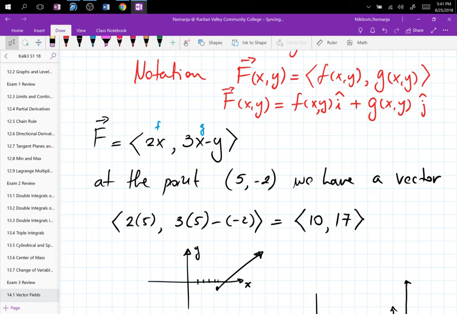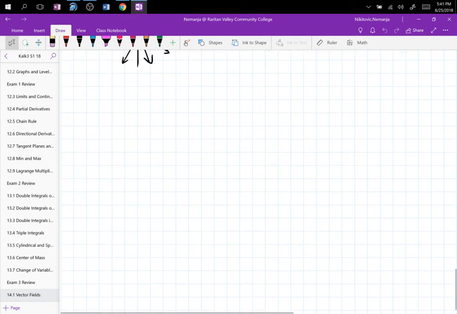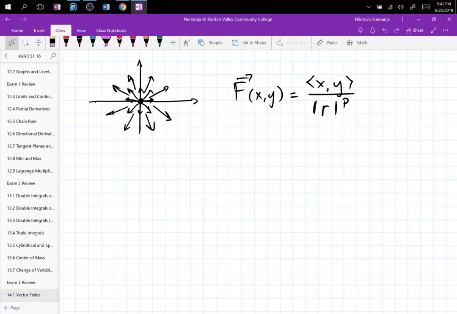So now we've seen the shear field, the rotational field, the radial field and the flow field. So a lot of different fields out there. Now we take all of this and push it into the third dimension, simply by adding one more component to it.